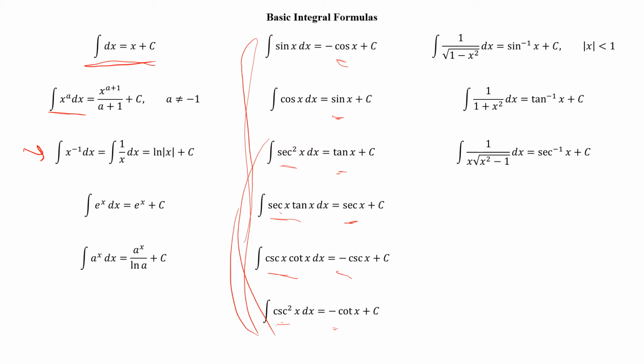Other ones that are kind of tough to remember are the inverse trig integrals. Remember, we did inverse trig and it came out to be 1 over the square root of 1 minus x squared, or 1 over 1 plus x squared, or 1 over x times the square root of x squared minus 1.